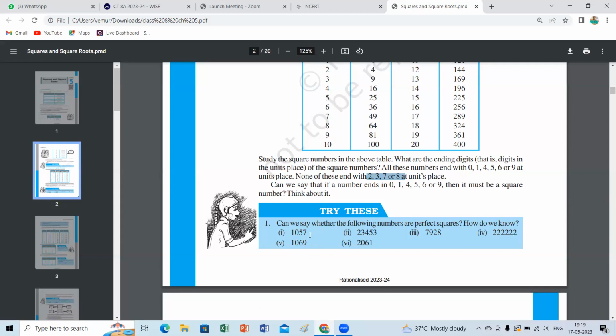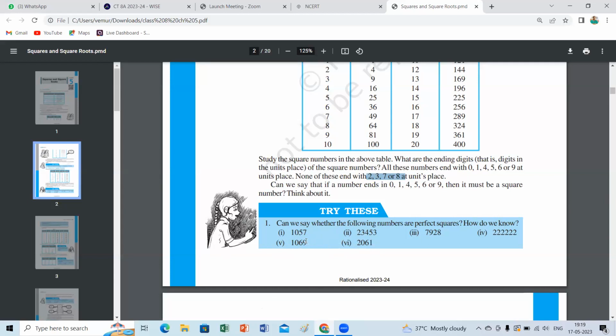Now 1069, you can check with this number. And 2061. The last cases ending with 1, 5 and 6 you can try, children, because square numbers end with 9 and square numbers end with 1. That is also logic, children.